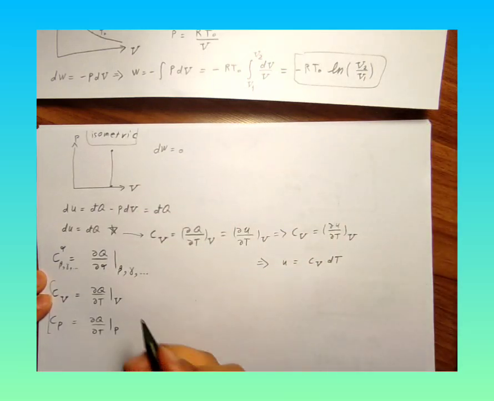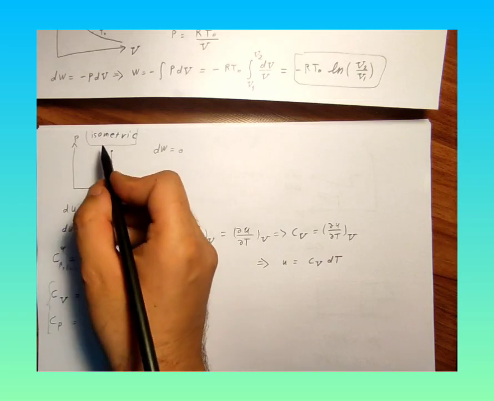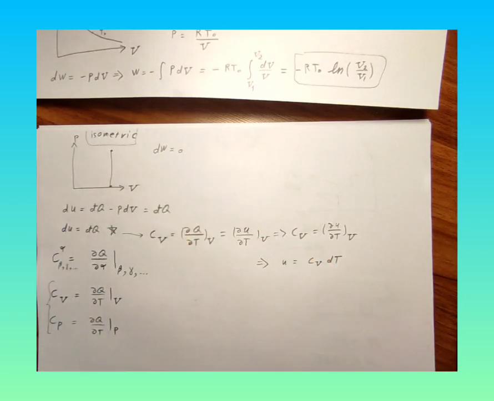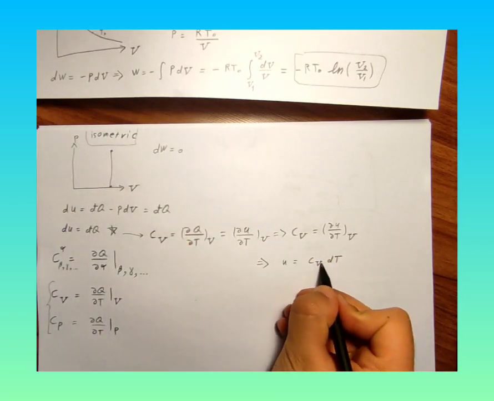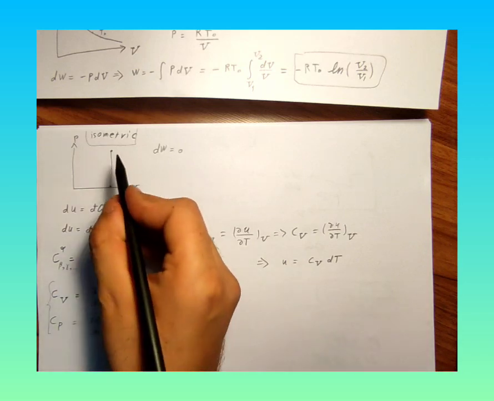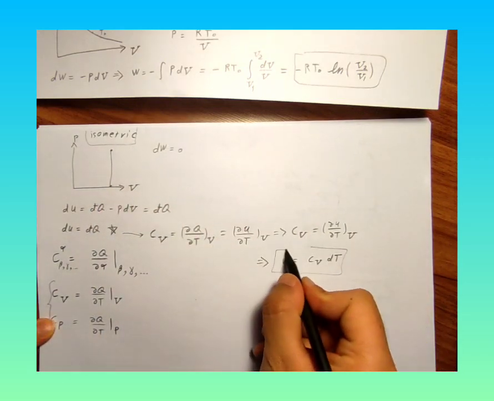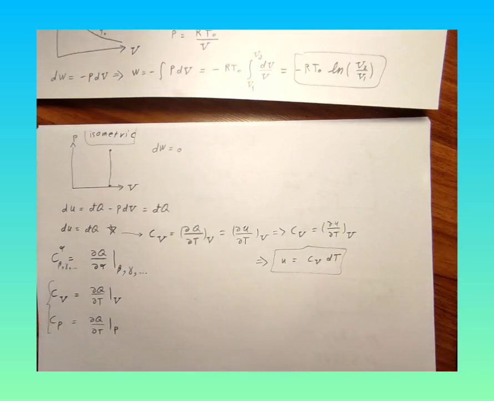Although we calculated this from the isometric process, the constant V here does not restrict it to an isometric process. This is always correct.